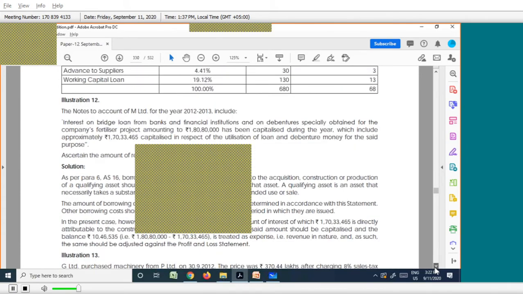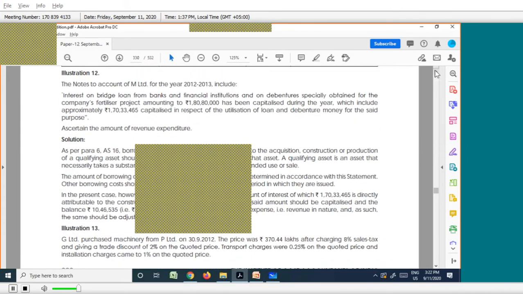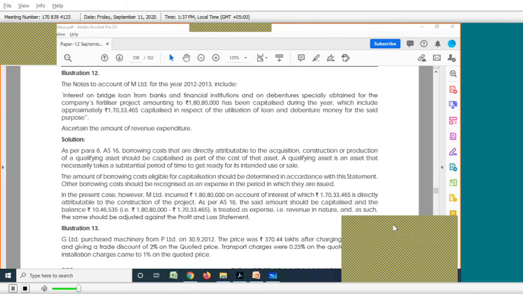Illustration 12. Just go through the question first. Please go through the question, take only 2 minutes. Just go through the question alone.